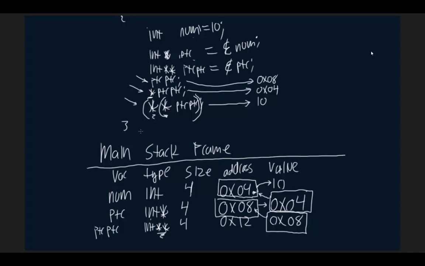This is the value of what the value of pointer is pointing at. Did I say that right? I don't know, did you? I don't know if I said that right.